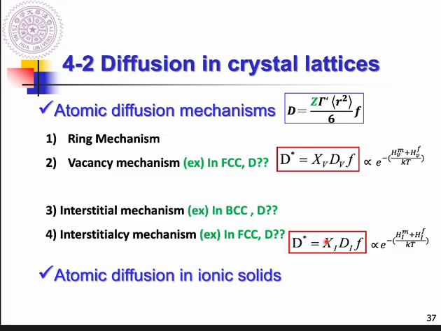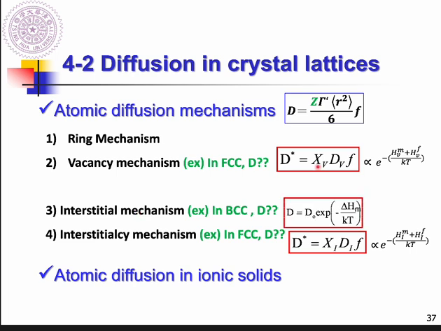In the interstitial mechanism, the diffusing atom is a solute atom, a small solute atom, and it always diffuses through interstitial sites. There are two typical types of interstitial site. One is octahedral, and the other one is tetrahedral. Usually, the question should focus on or emphasize one type of interstitial site.